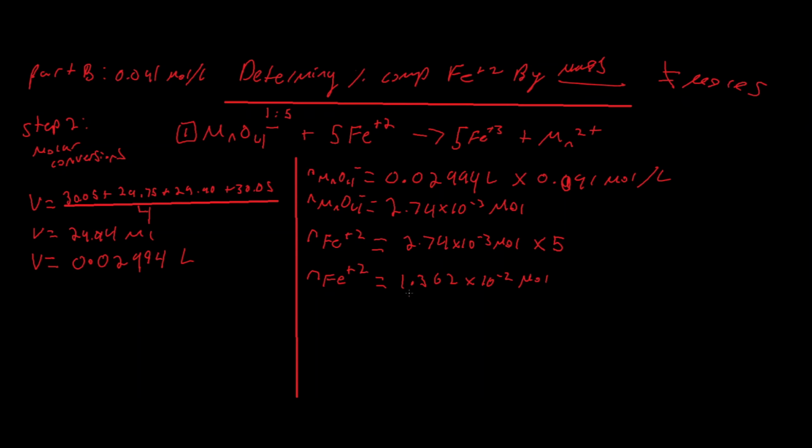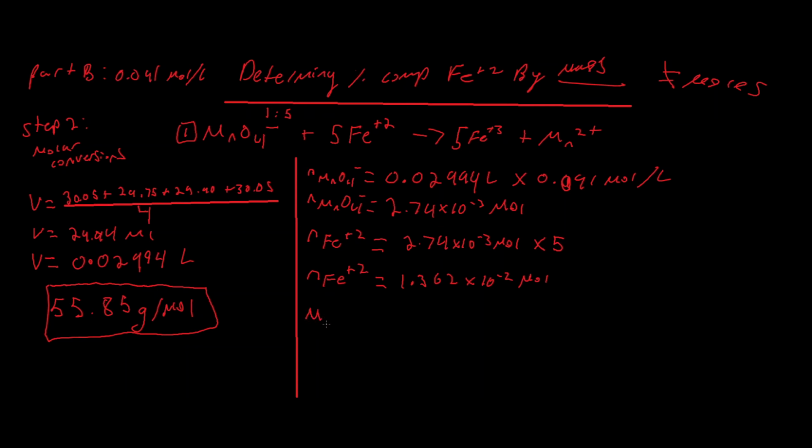So now we need to convert the amount of moles of iron plus 2 we have into mass. And there's a quick way we can do that, which is by determining the molar mass of iron plus 2. So the molar mass of iron is 55.85 grams per mole. So we can use this to determine how many grams of iron plus 2 we have.